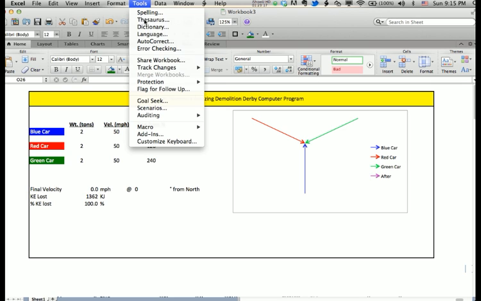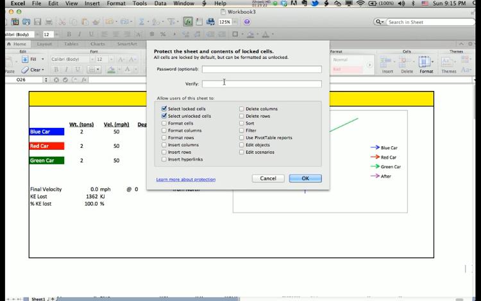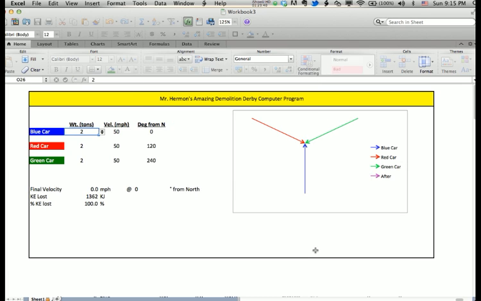So we're going to go to Tools, Protection, Protect Sheet. And you're going to type in a password. Verify it, password. And what you want to do here is you want to allow the users of this sheet to select unlocked cells only. That's all you want them to be able to select. So I'll click OK. And now I have this program where a user can't select anything here.